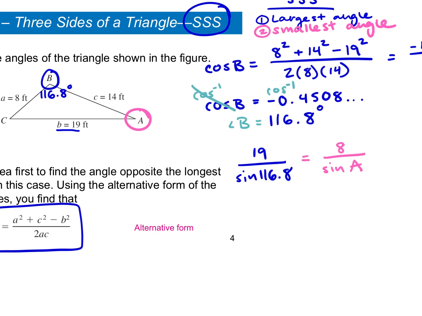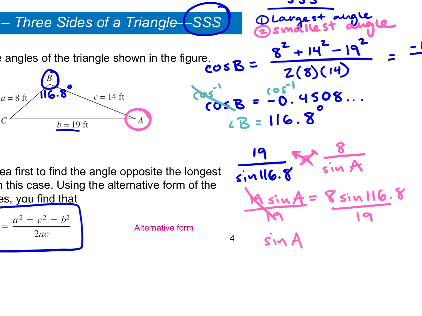How would we solve this? What should we do first? Cross multiply, perfect. So same thing we were doing yesterday. We have 19 times sine of A is equal to 8 times sine of 116.8. And then we can divide both sides by 19.